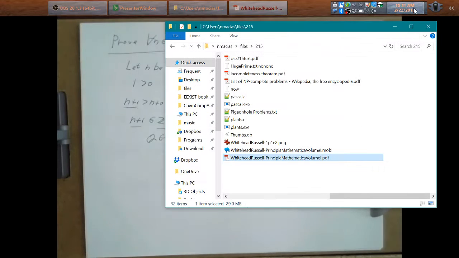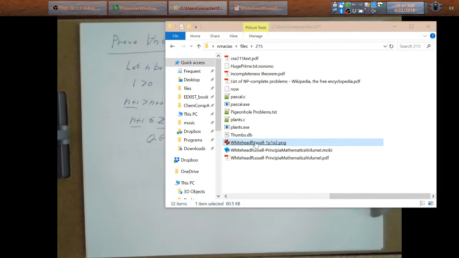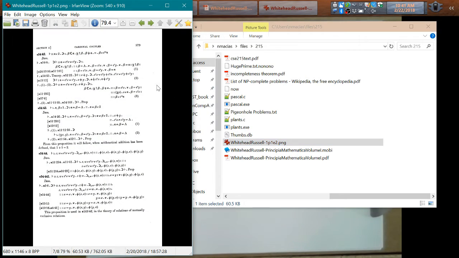Yeah. And where does this get us? Over here on page 379, 400 pages into this, they have some more theorems, and at the end, they make the statement that from this proposition, it will follow, when arithmetical addition has been defined, that 1 plus 1 equals 2.